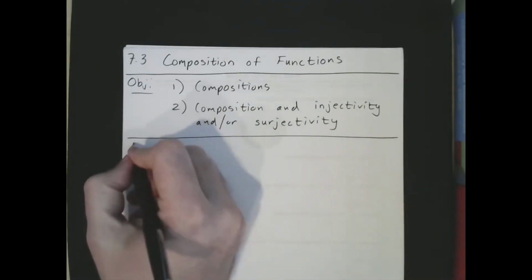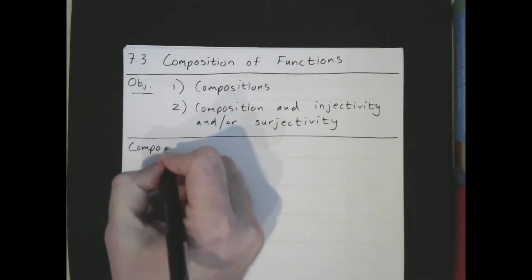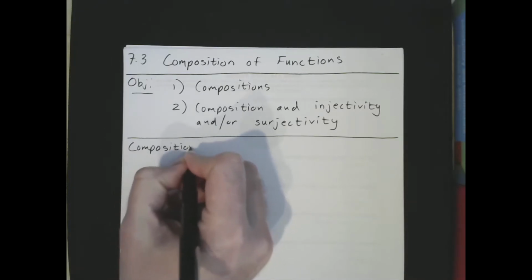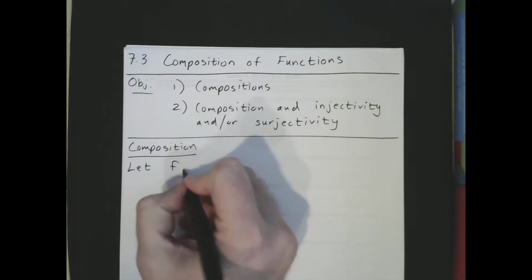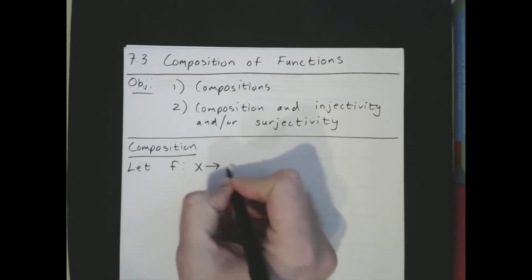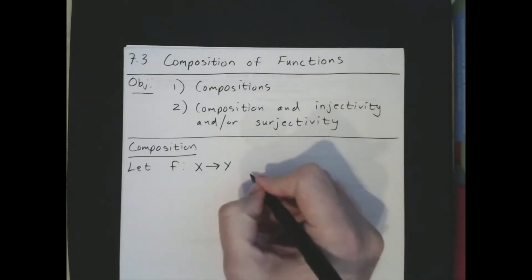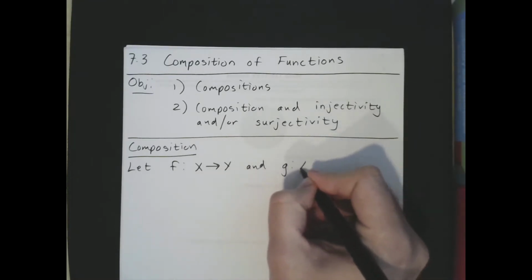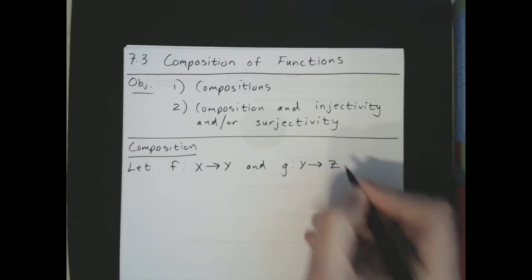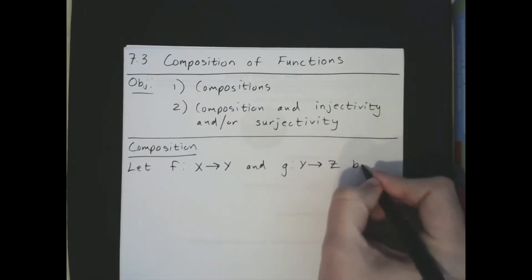All right, so let's redefine our composition of functions. So we are going to let f be a function that maps a set X to Y, and g will be a function that maps Y to Z, and these will be functions.